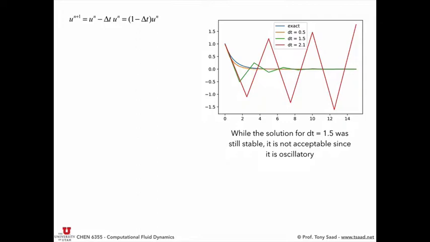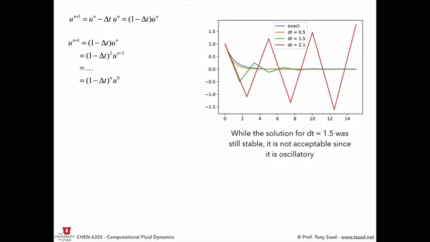Now, if you want to get rid of oscillations, you can further the analysis. If u^(n+1) is (1 minus delta t) u^n, this is a recursion formula. u^n is (1 minus delta t) u^(n-1), and u^(n-1) is (1 minus delta t) u^(n-2). You do this all the way, and you get u^(n+1) is (1 minus delta t) to the power n plus 1 times the initial condition, give or take an n.